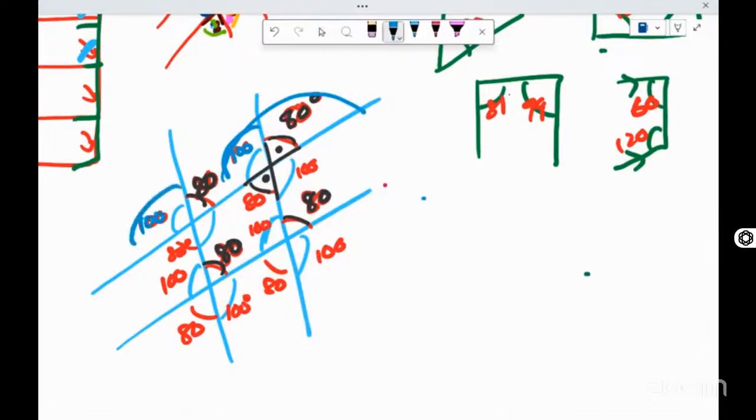This will then cause those 2 angles to be corresponding, and likewise those 2 angles to be corresponding as well.